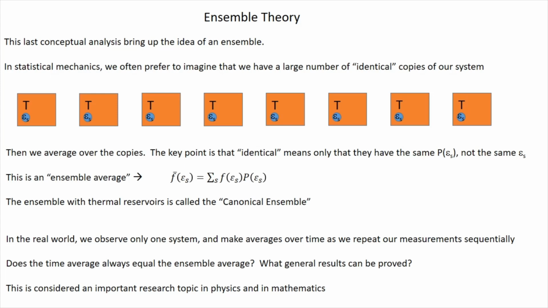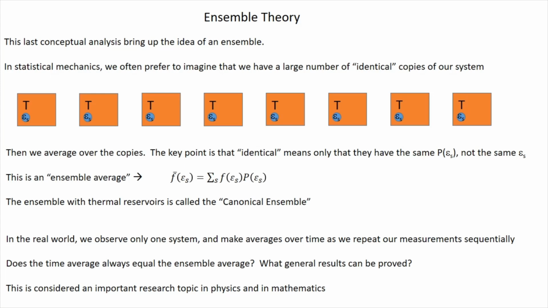In reality, if we have a physical system, what we do is we make a bunch of measurements over time, as we do sequential measurements. And so a really important question is, does the time average in the real world always exactly equal the ensemble average that we do in this thought experiment? And can we use fancy math to prove general results about the correspondence between time averages and ensemble averages?